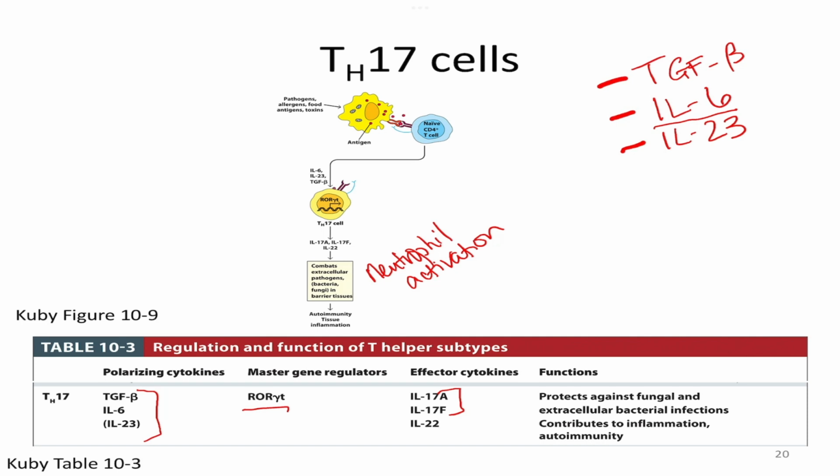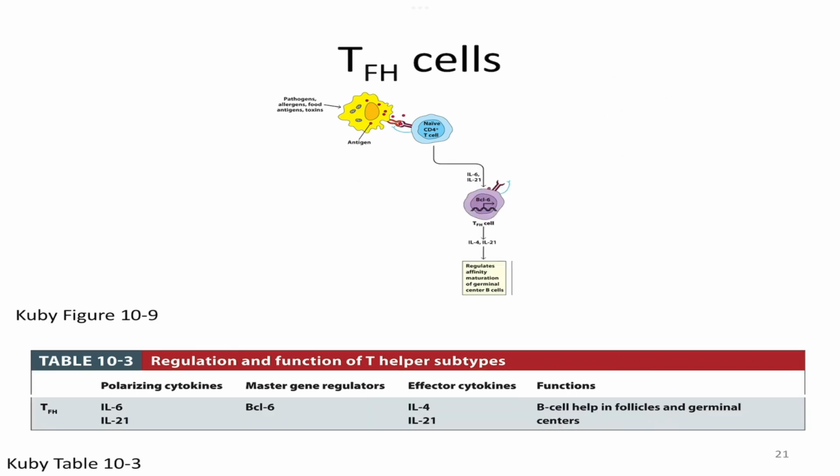Another important helper T cell subset, also described in sort of the first decade of the 2000s, is known as the TFH, or T follicular helper cell. So the T follicular helper cell doesn't have a number in its name, so it's not helpfully named like the Th17s by which cytokine it produces.